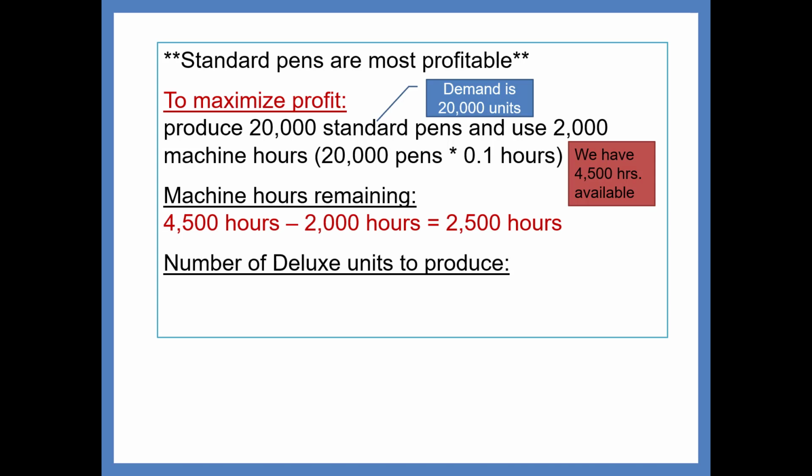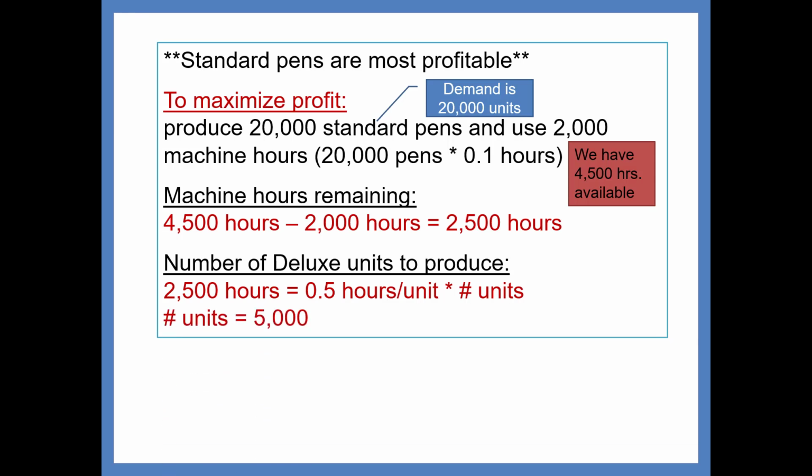So when calculating the number of deluxe pens to produce, we'll take that 2,500 hours available, and that will be equal to 0.5 hours per unit, since that's what each deluxe unit requires, and we can solve for the number of units that we can produce. So we can produce 5,000 units of the deluxe model.